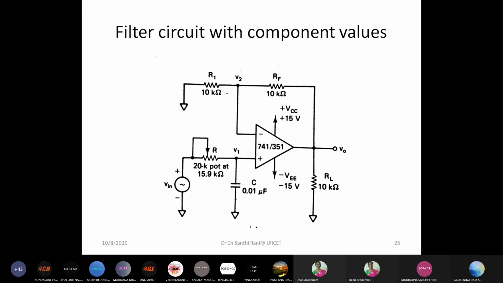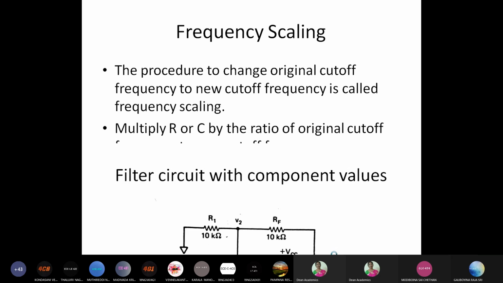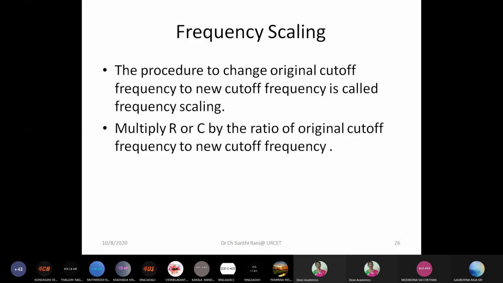So this is the circuit we got. For the same circuit, similar to this, we are going to design the high pass filter, right? And frequency scaling. What is this frequency scaling? The same concept we are learning for low pass filter is the same for high pass filter. Therefore, let me also restate what frequency scaling is.